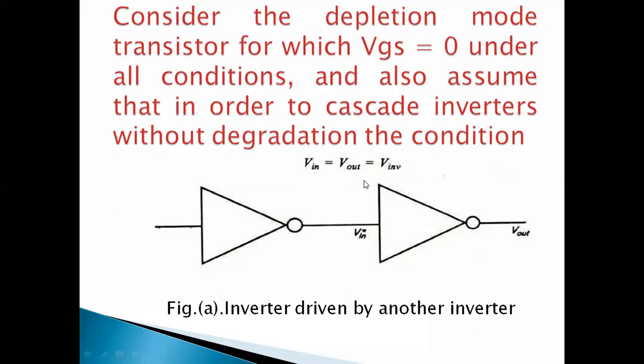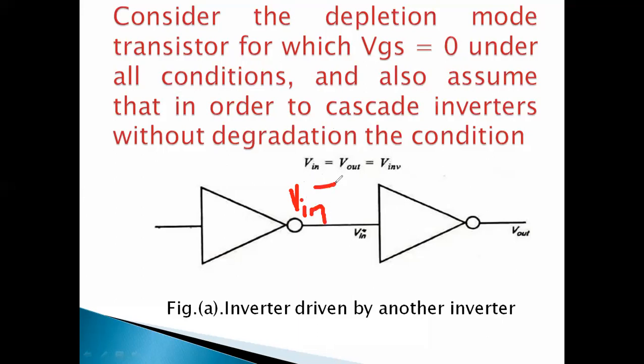This condition will be satisfied when Vin equals 0.5 VDD, that is half of the supply voltage.